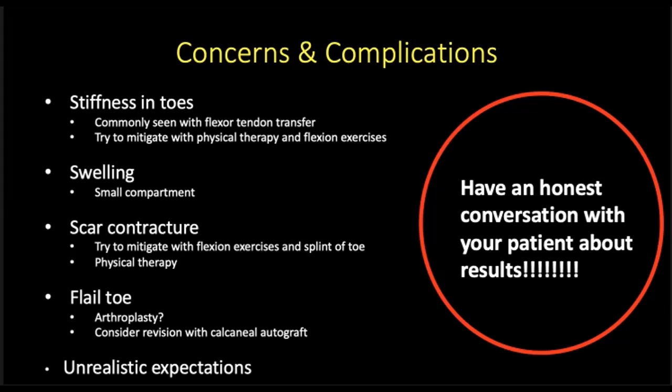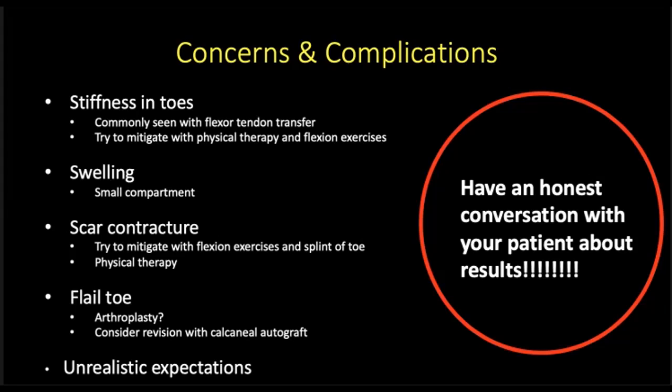Scar contractures can be a problem, and so you can try and mitigate this with, again, flexion exercises and physical therapy. Lastly, flail toe. Is this caused by just simply doing arthroplasty? I don't know. But when you come across this, a great procedure is just revising this with a calcaneal autograft, fixing the toe where there's a void, placing the autograft, and these patients do well.